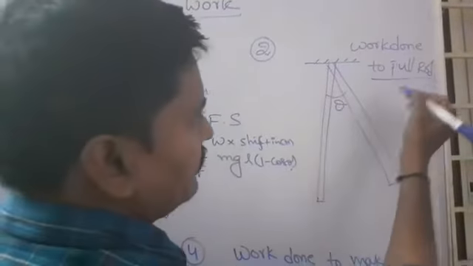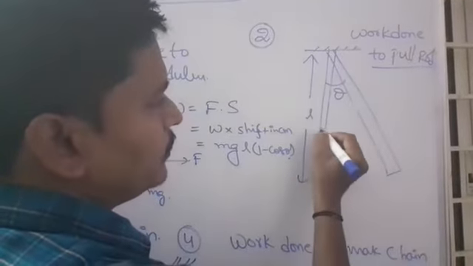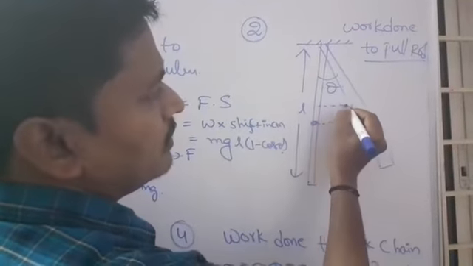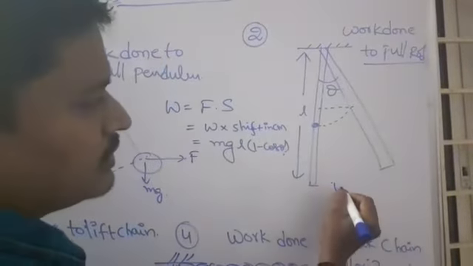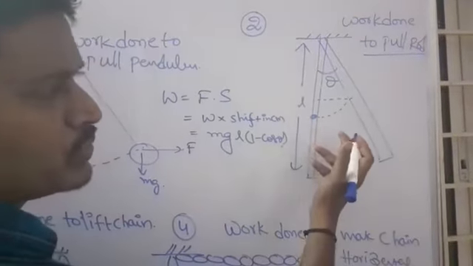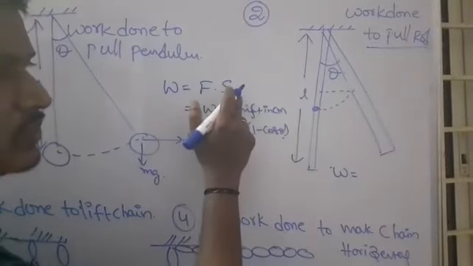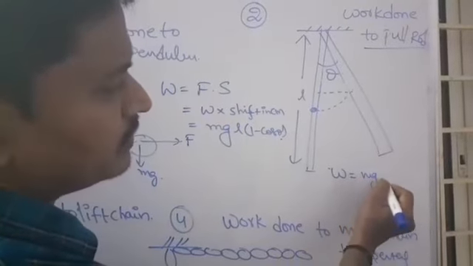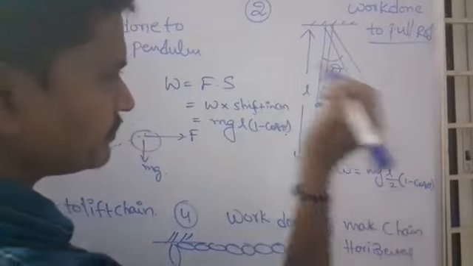For example, if a rod of length L is pulled aside, the work done is equal to force into shift in center of mass. The force is balanced by the weight, into the shift in center of mass. Same formula, mg into L by 2 into 1 minus cos theta.